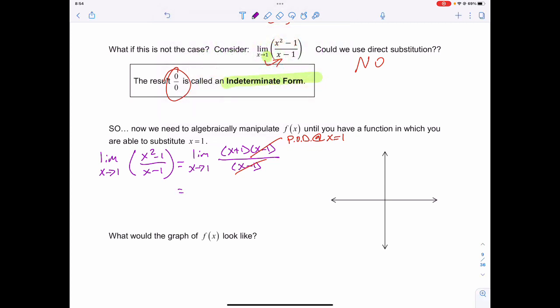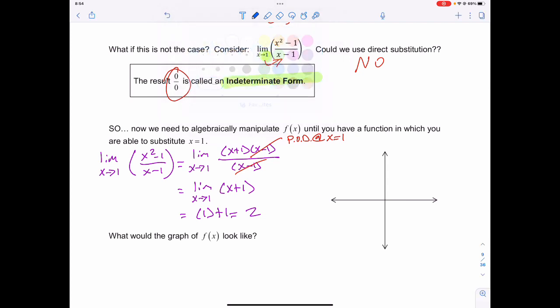This leaves me with the limit as x approaches 1 of x plus 1. Now I can do the direct substitution. I can directly substitute x is 1 for 1 plus 1, which is just going to give me 2.